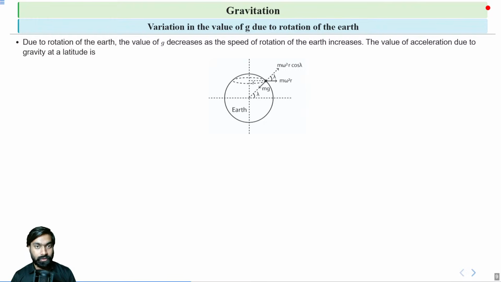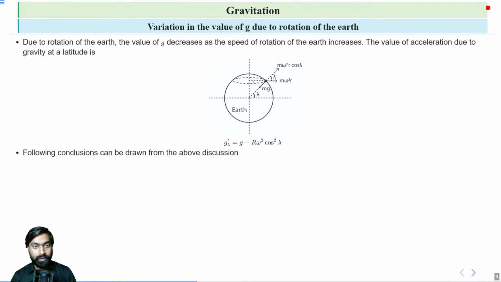The value of acceleration due to gravity at latitude lambda is g prime lambda equal to g minus R omega square cos square lambda. Here R is the earth's radius, omega is the earth's angular velocity, which is its rotational speed. And what is lambda?